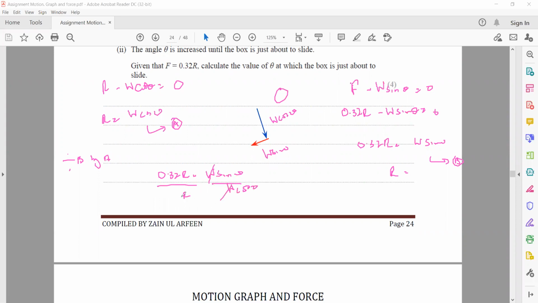So W cancels with W, R cancels with R. So 0.32 equals tan theta. We need theta, so theta equals tan inverse 0.32, which comes out as 18 degrees. Not 180, it is 18.